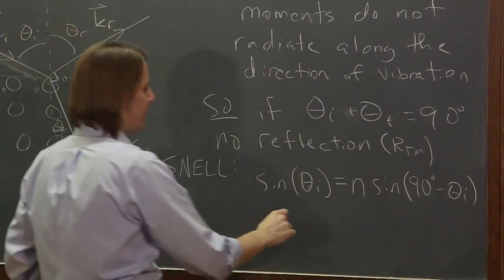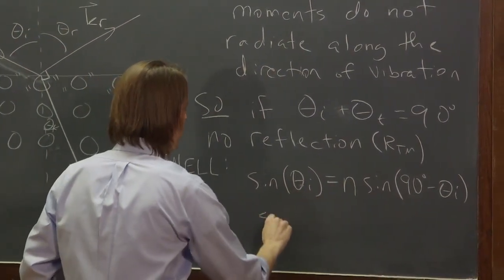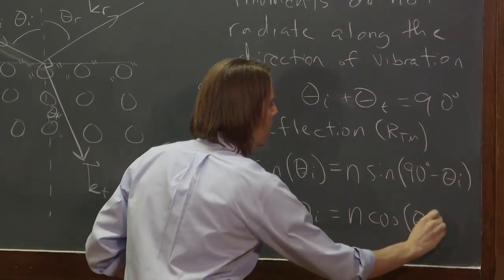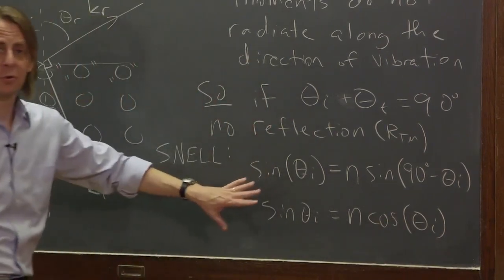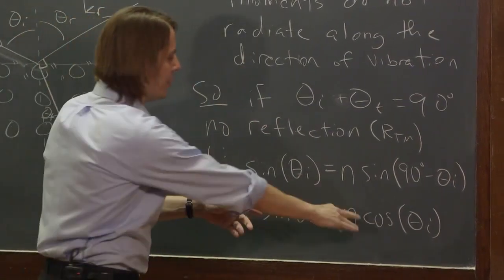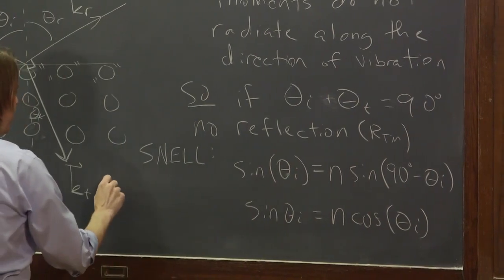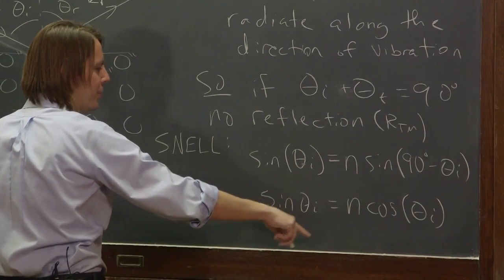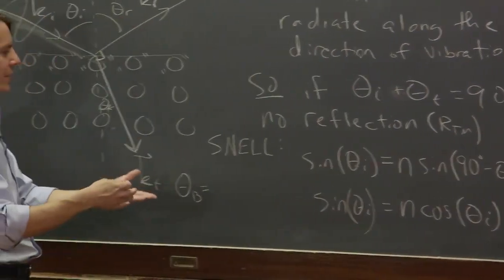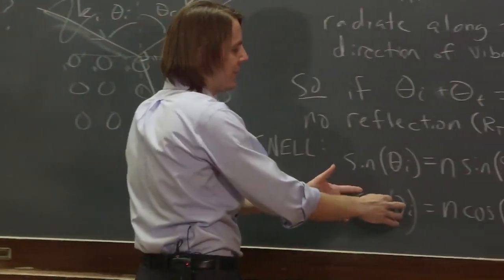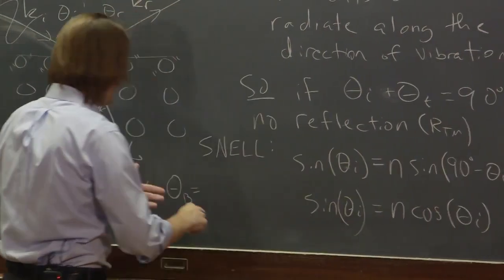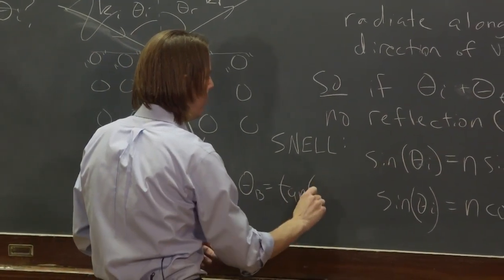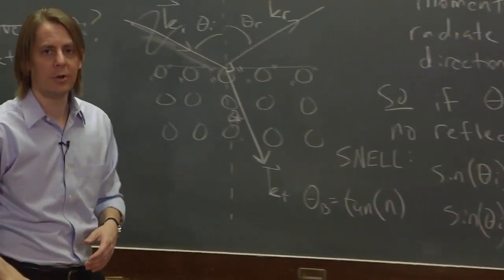Well, of course, that means that sine theta I equals n times cosine theta I. Not always true, but this is the special case. And what that means is that this theta I we actually call theta b, and you can see n is sine theta I over cosine theta I. So that's tangent of theta I, right? So tangent of the incident angle that makes this happen is equal to n. So the angle that makes this happen is called Brewster's angle, and it's the inverse tangent of the index of refraction. That's all it is.